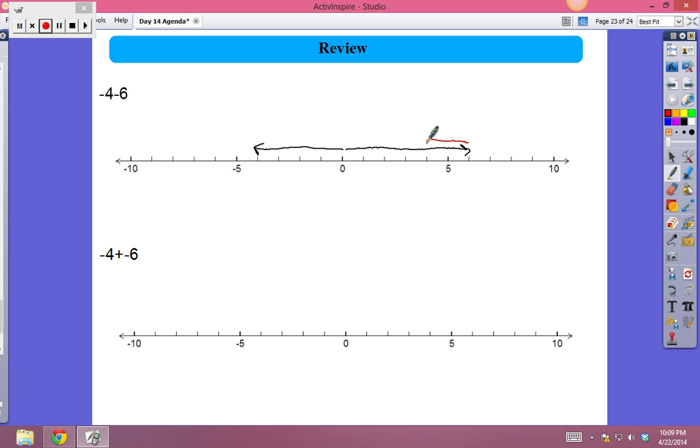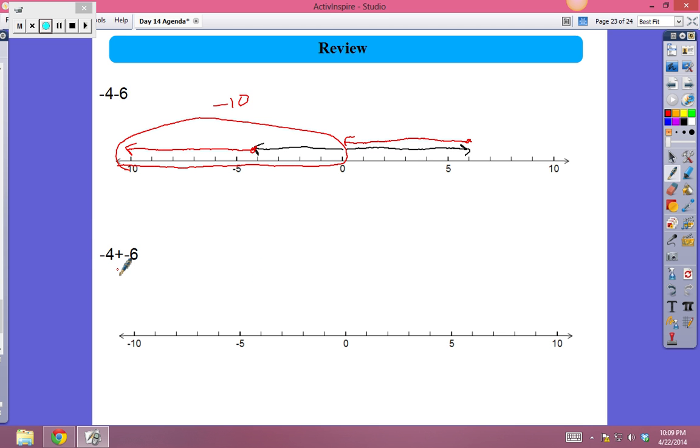So I got to turn him around. And then I got to place it head to tail. Here's his tail. I got to pick his tail up and drop it right here. And now I've got a vector coming with magnitude of 6. So my final vector, these two are going to add together. So I'm going to have a vector of magnitude 10 in the negative direction.